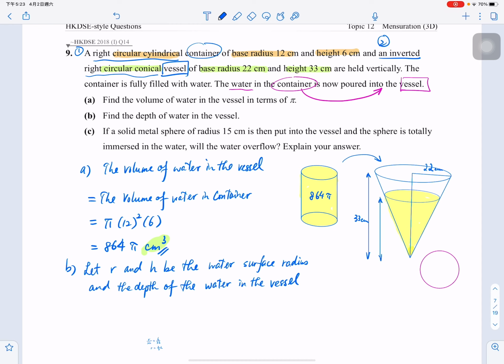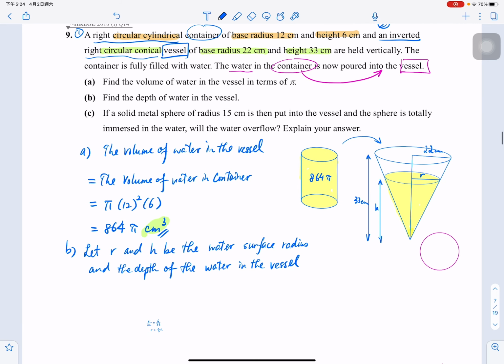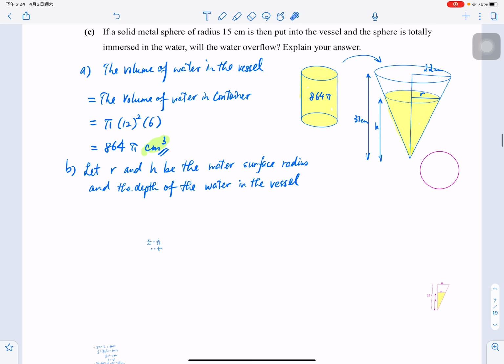What is the height of the water? That means you also need to know about this radius, right? If you can write down the relation between R and H, related to these two, actually we can use 22, this vessel radius, and the height of the vessel 33. We can know about the relation between R and H, because here we have two similar triangles, right?